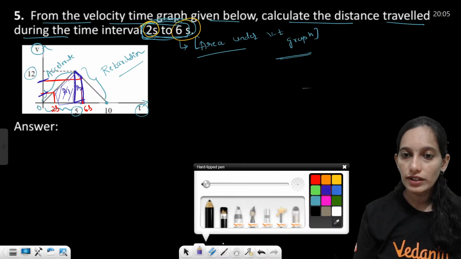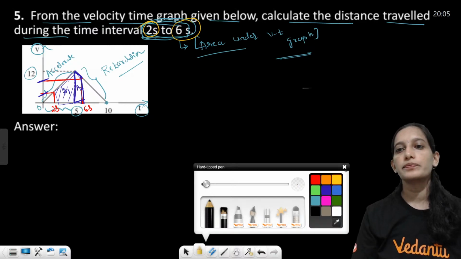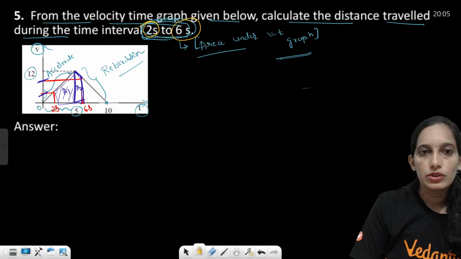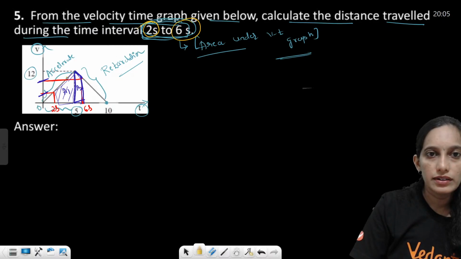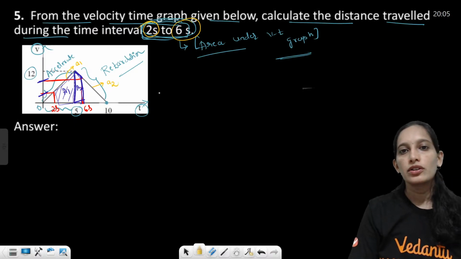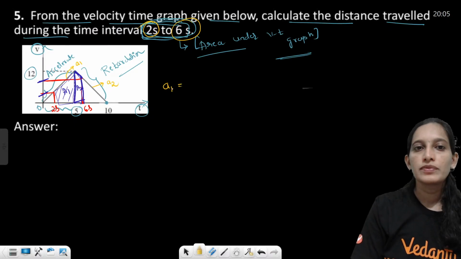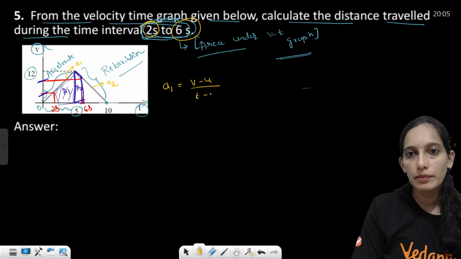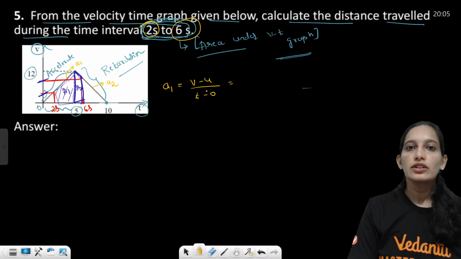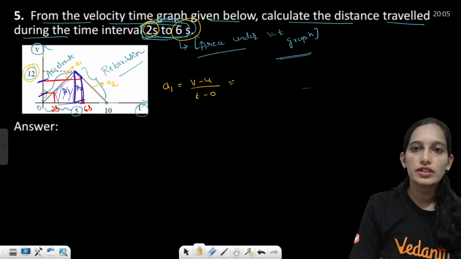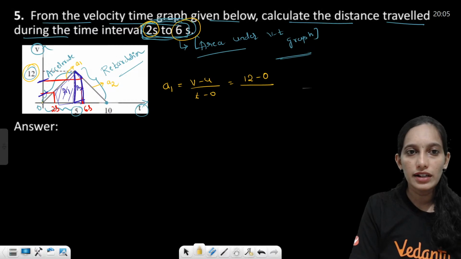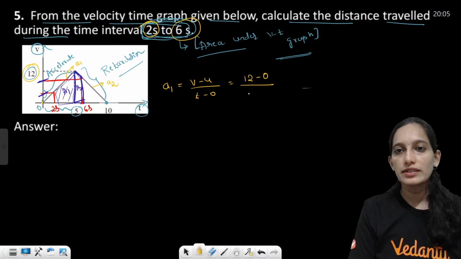Okay, so for that first we'll try to find out the acceleration. So how can we find out the acceleration? Okay, so let me mark this as a1, this as a2. So for a1, how can we write it? So v minus u by t minus 0, I will write. So here v, the final velocity, is 12. The initial velocity is 0. It has started from 0. Okay, 12 minus 0 by t.